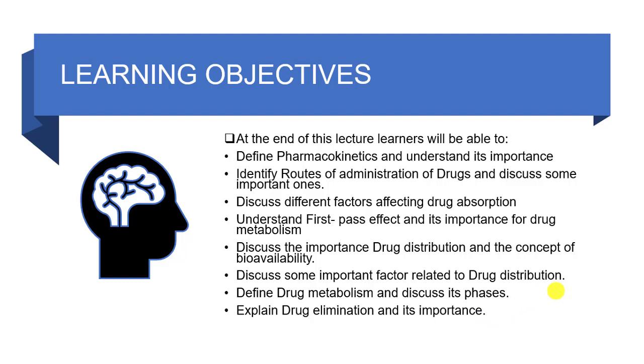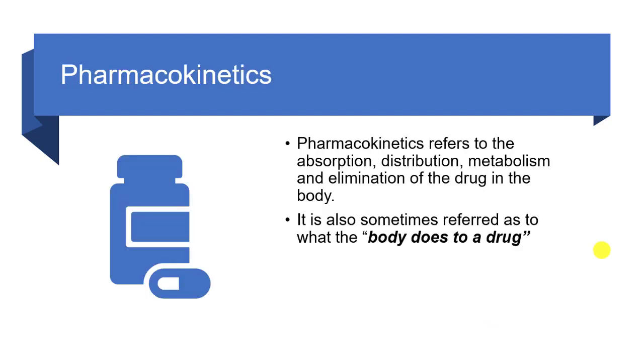So if I move to my first topic, I'm going to talk about the definition of pharmacokinetics. What is pharmacokinetics? Pharmacokinetics essentially refers to the absorption, distribution, metabolism and elimination of a drug from the body. When we talk about pharmacokinetics, we are essentially talking about these four factors, and I'm going to talk about them in a bit of detail in a minute.